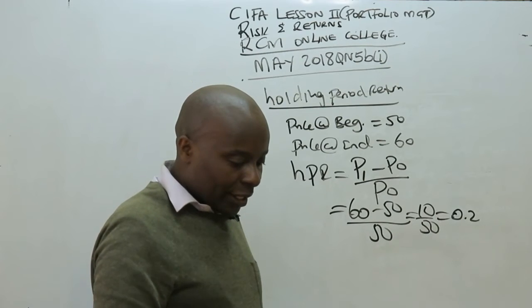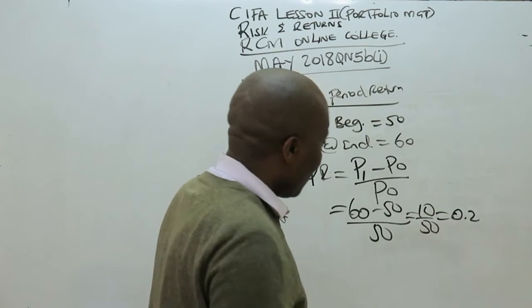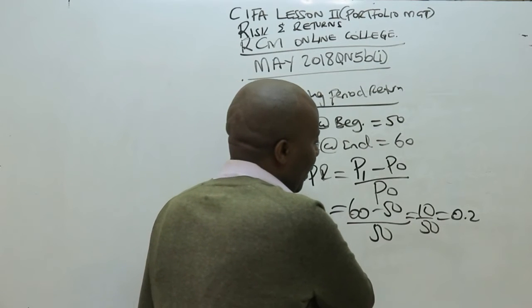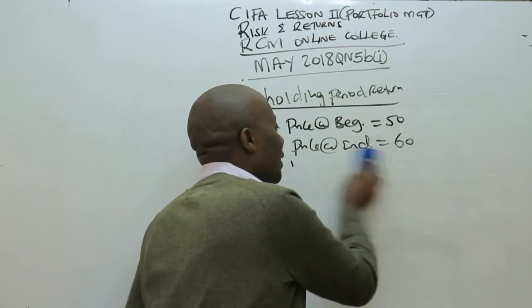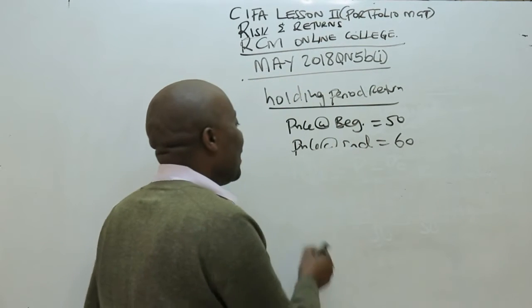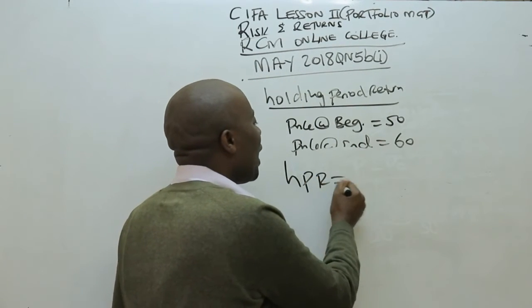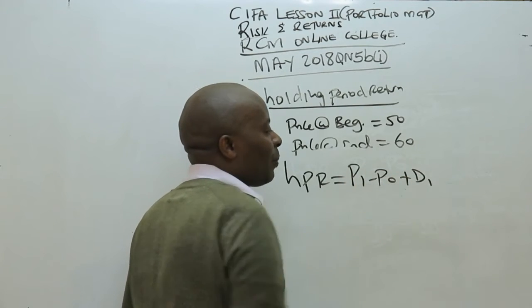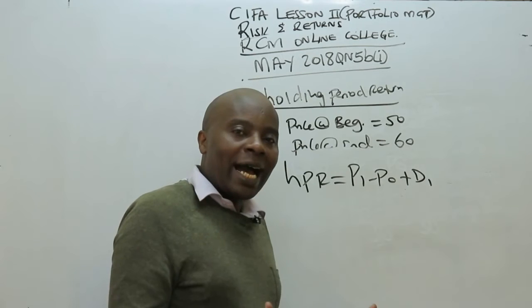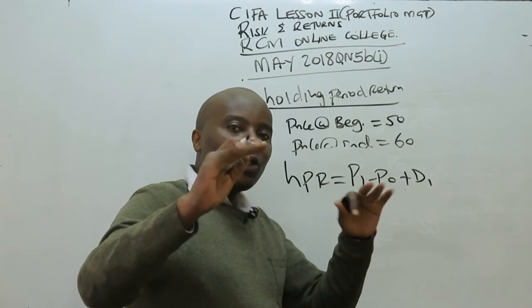And that is why in my first lesson, I gave you this particular formula that says that our holding period return will always be equal to the capital gain plus any expected dividend, because you're looking at total income to get a return.